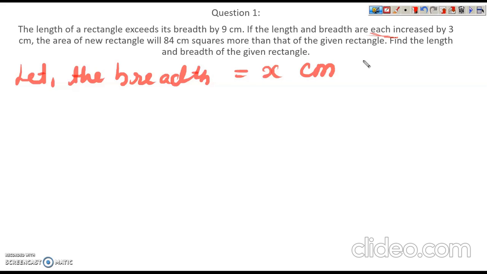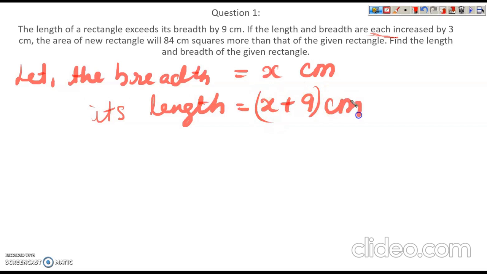Find the length and breadth of the given rectangle. So we write: let the breadth equal x centimeters, and we will take its length as x plus 9 centimeters, because the length exceeds its breadth by 9 centimeters.